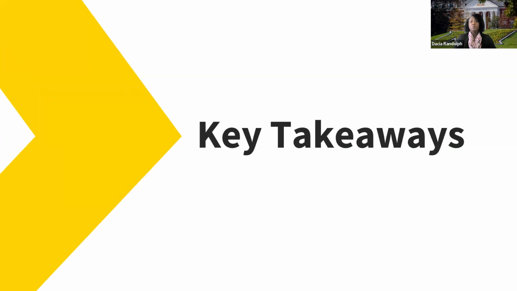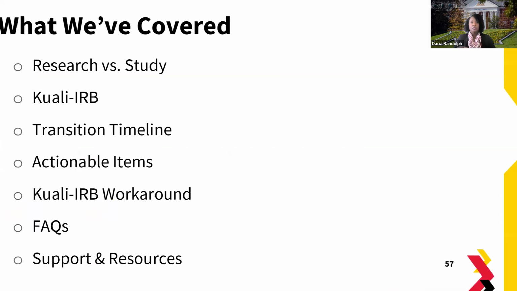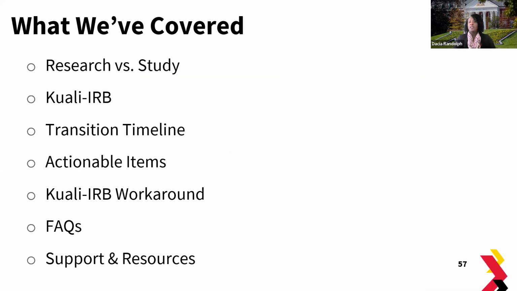All right, so as we wrap up today's session, here are a few key takeaways for you to reference with this particular rollout of phase 1 of the IRBNet to Kuali-IRB transition. So as a brief recap, first, we've covered a brief overview of the differences between the overarching research proposal and the submission of a study to the IRB for review and approval.